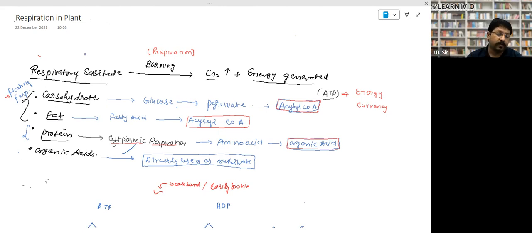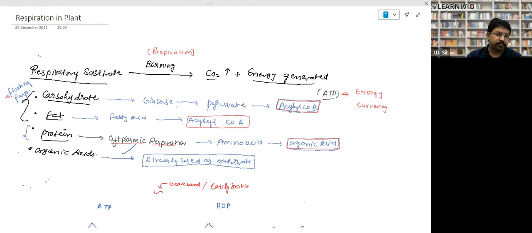There is no difference. So the respiratory substrate is that food which is burned, and due to burning of this respiratory substrate, carbon dioxide is produced and energy is generated. So what can be a respiratory substrate? It can be carbohydrate, fat, protein, and organic acid.